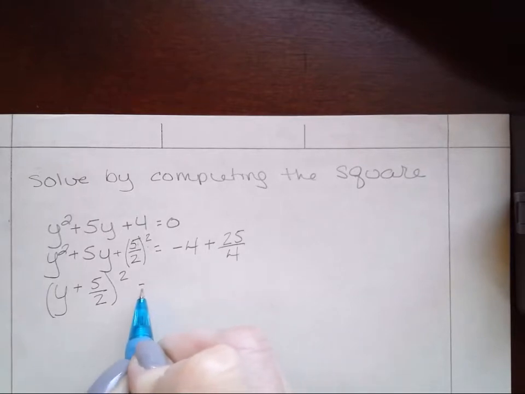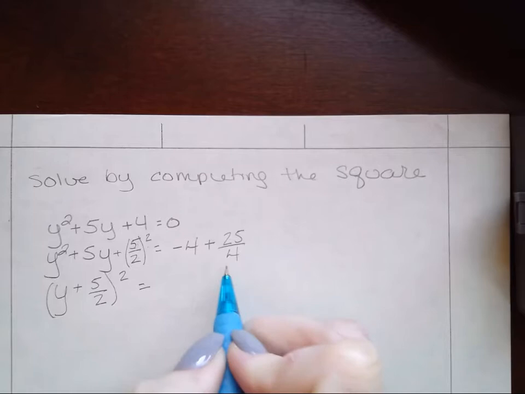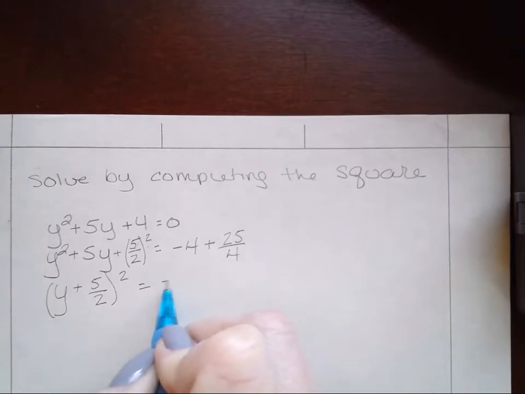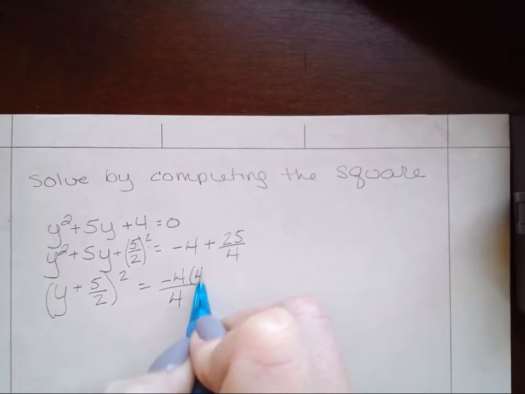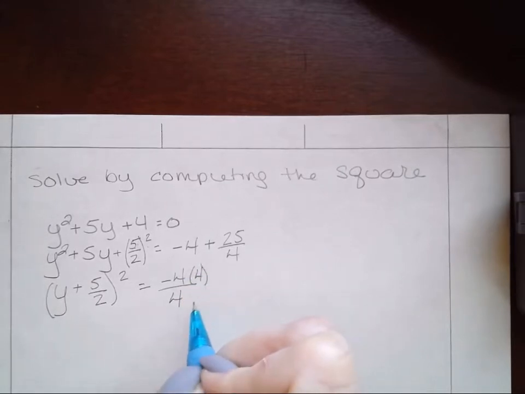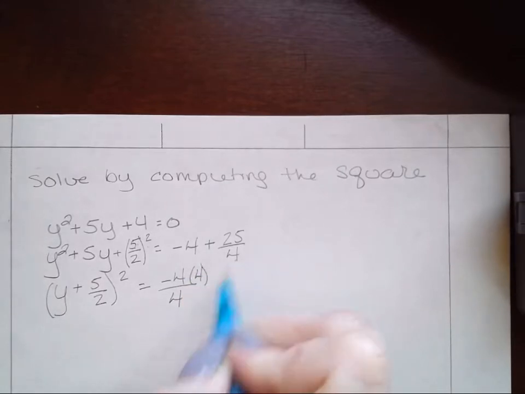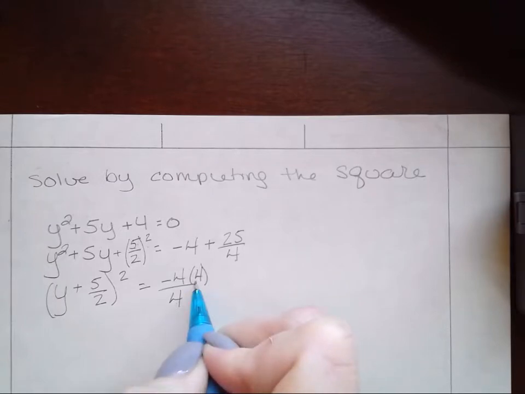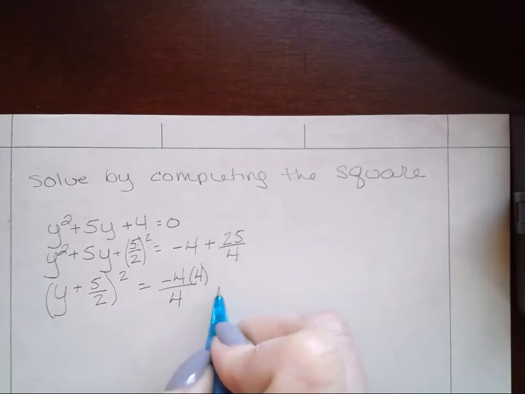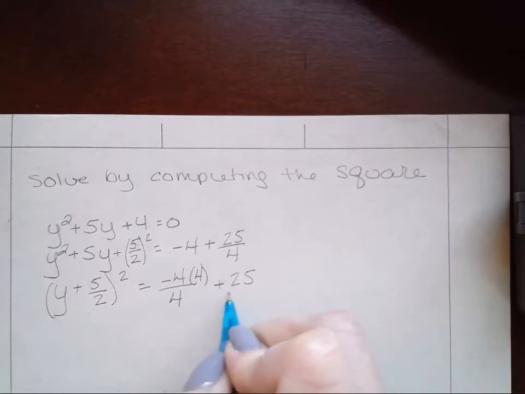On the other side, in order to add these together, we need common denominators. So we have negative 4 times 4. So I'm just showing out that we need a common denominator of 4. In order to get this, we need to multiply both numerator and denominator of negative 4 by 4. Plus 25 fourths.